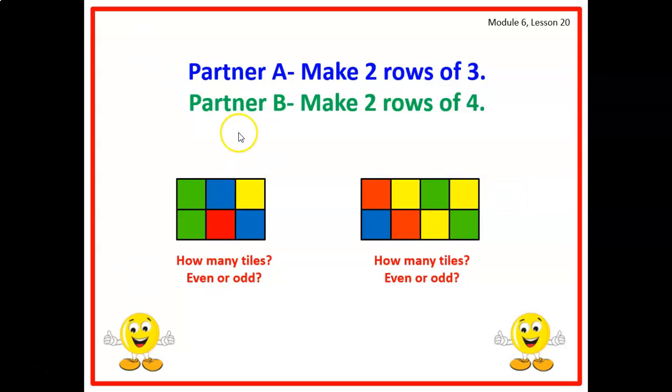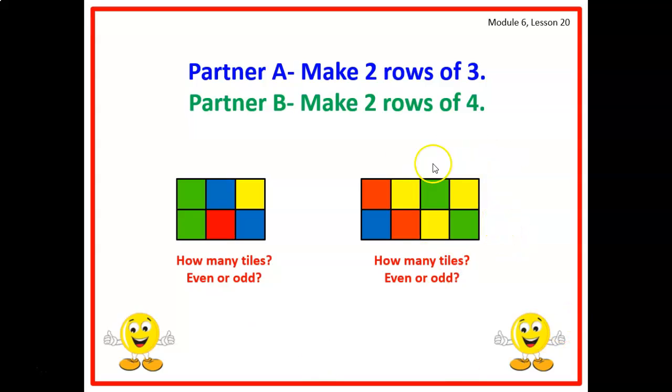So let's think about it. How many tiles are on this array? Yes, 6 tiles. Is the number 6 even or odd? Yes, even. Now let's look over here.